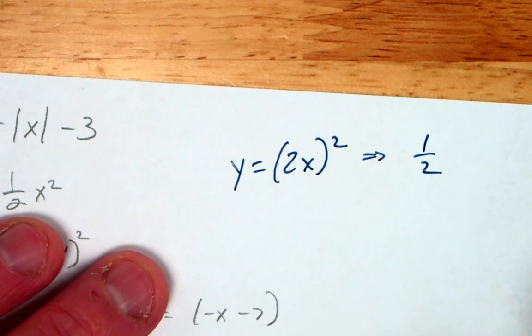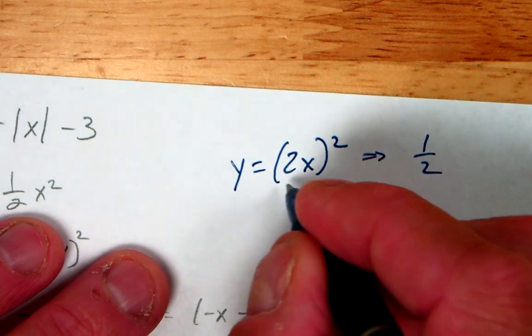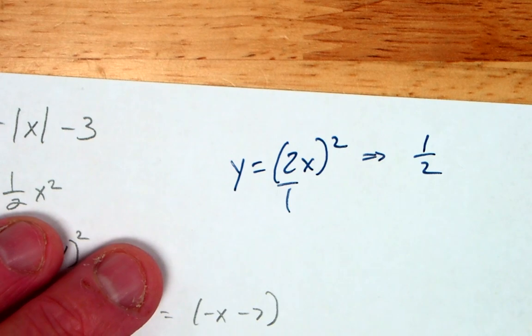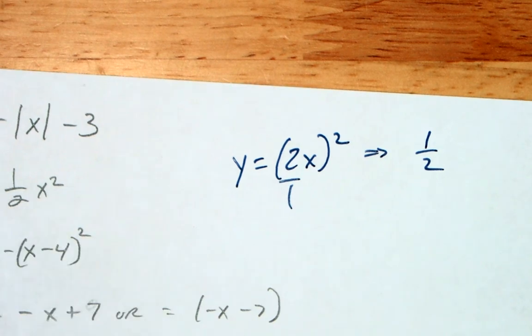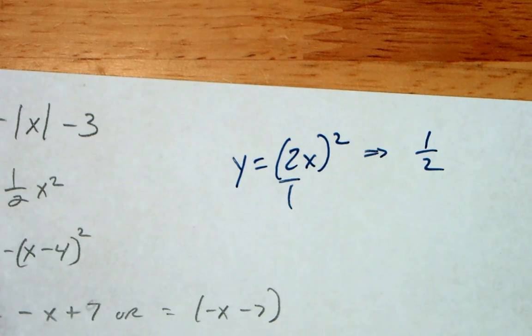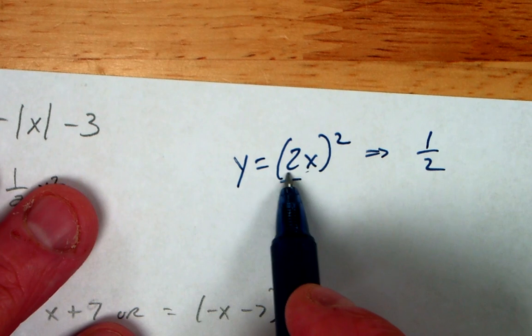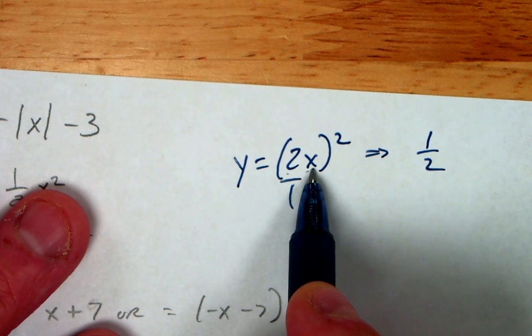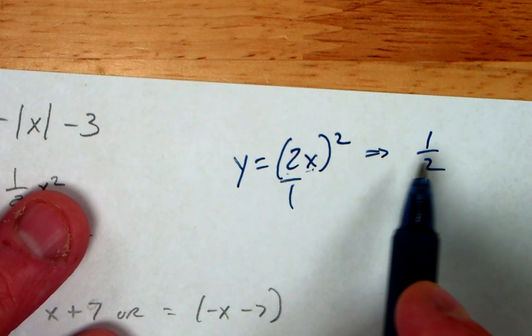Half as wide. Why? Because we just flipped that over. It's going to be the reciprocal. It's always going to be the reciprocal. It just so happens that the ones we've dealt with so far, the reciprocal's been pretty easy. Okay? So this one, 2x, I can plug in something that's half as big and still get the same result, so it's going to be half as wide.